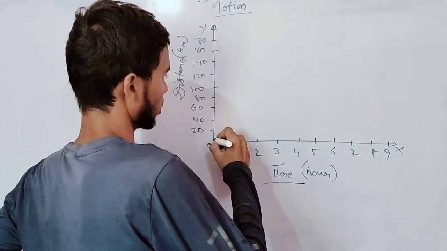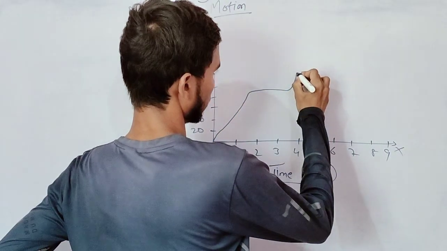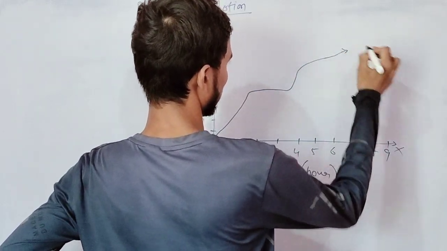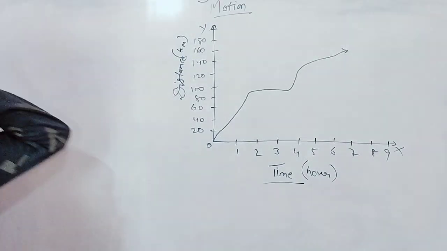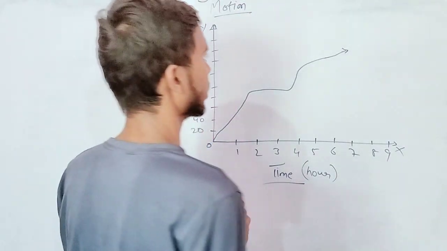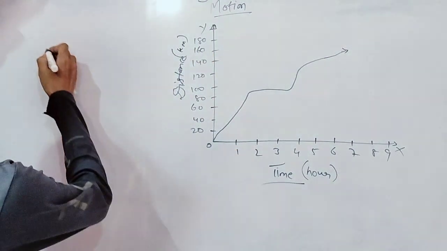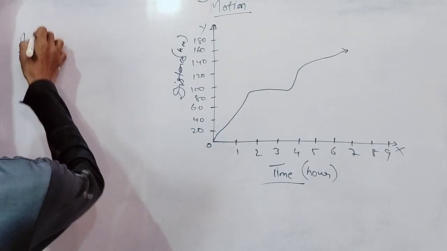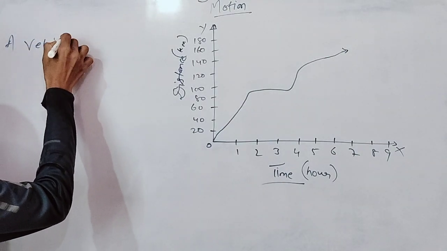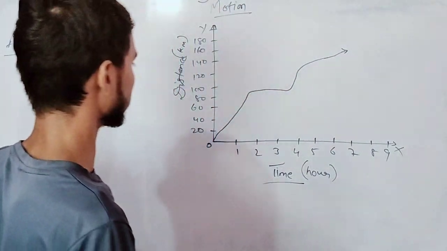Now I am going to draw a curve. Now a vehicle starts moving from the reference point, from zero. A vehicle starts moving from the reference point. It stops where?